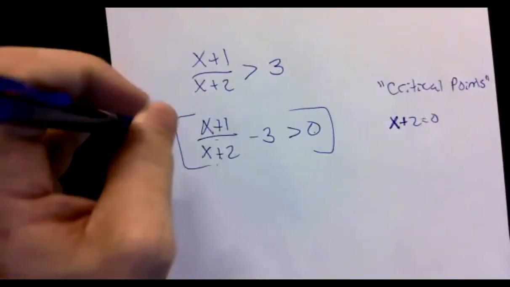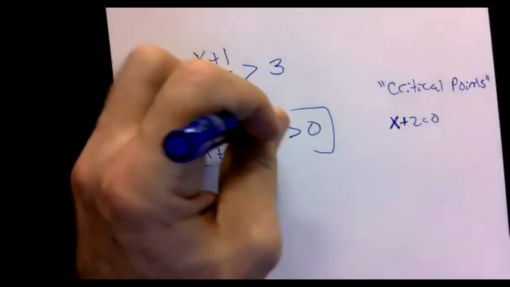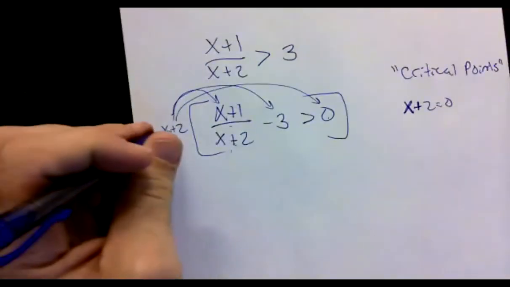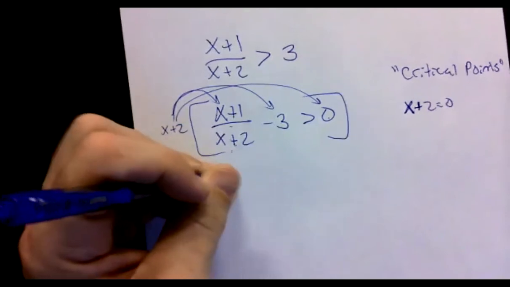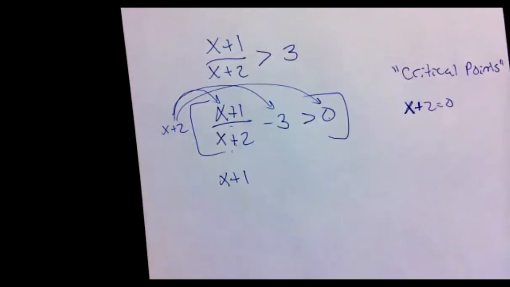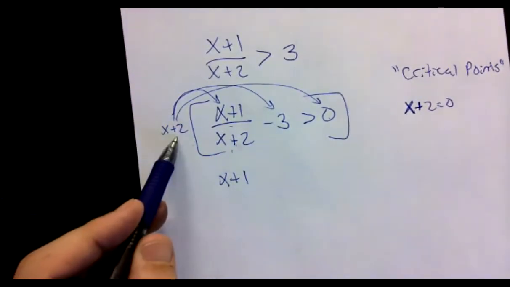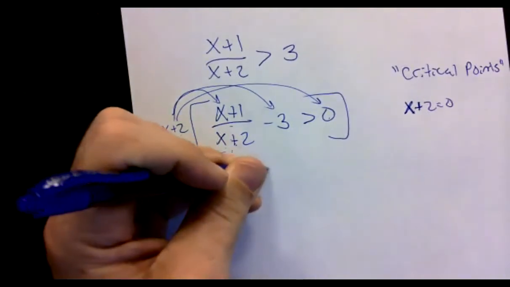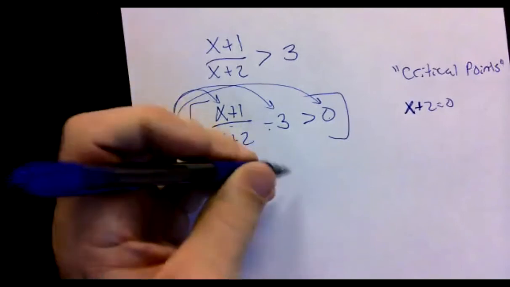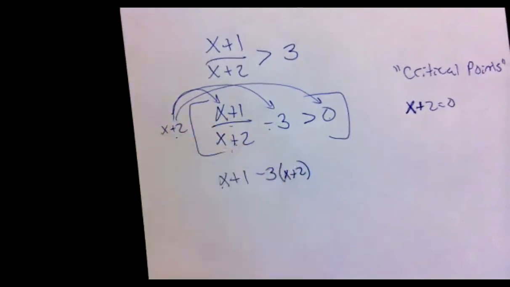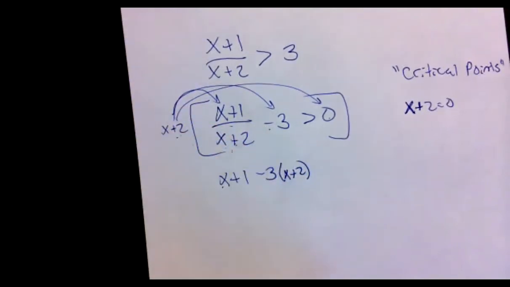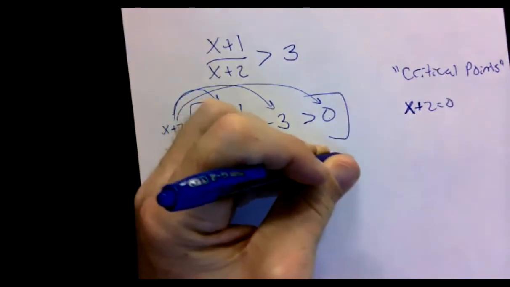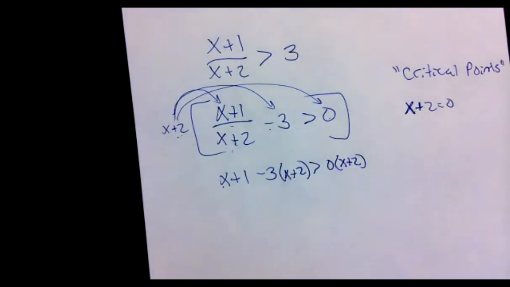So like I said, I'm going to take x plus 2 times everything. And when I do that, my x plus 2's cancel out there, leaving me with just x plus 1, because multiplying and dividing by the same thing, they cancel. Then we get x plus 2 times negative 3. And then we get x plus 2 times 0.